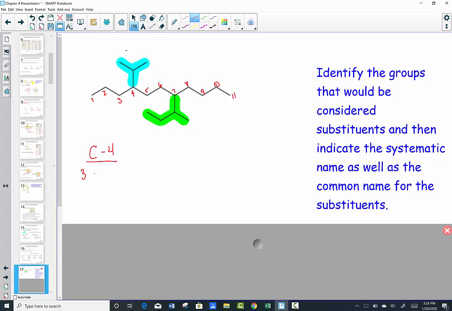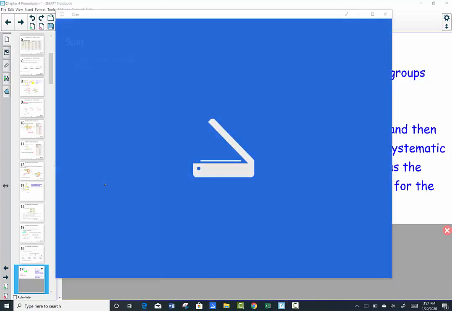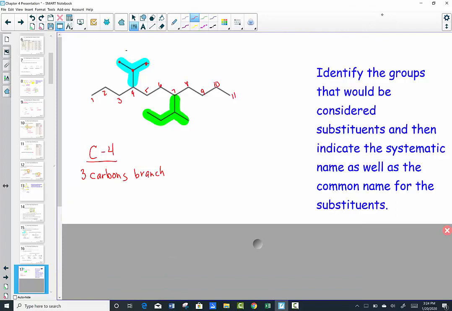I notice that there are 3 carbons, 1, 2, 3. So it's a 3-carbon branch. All right, the total number of carbons is 3. They are not connected to each other in a row, right? So they're branched. That means it's not going to be propyl. In other words, propyl would be 3 carbons all attached in a straight line. That's not what we see.